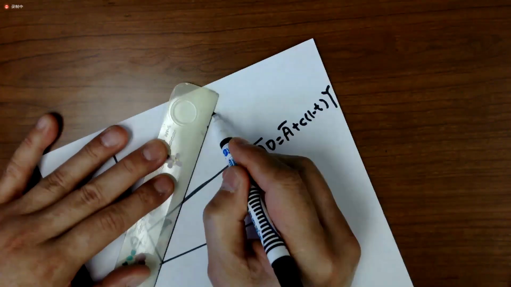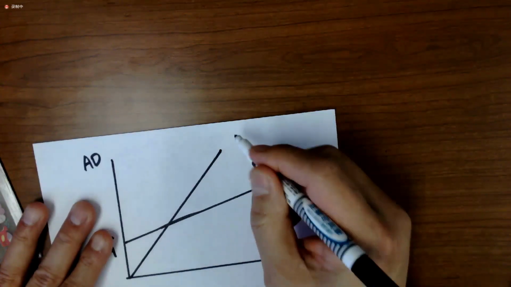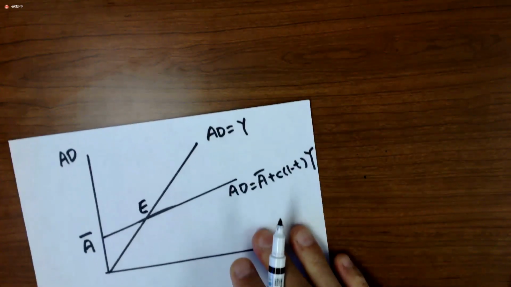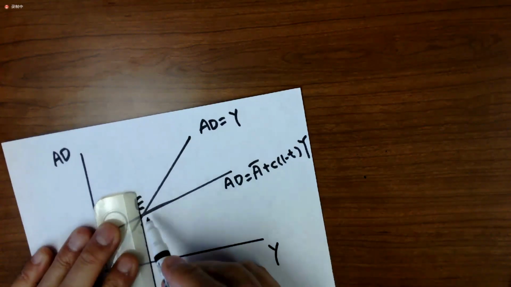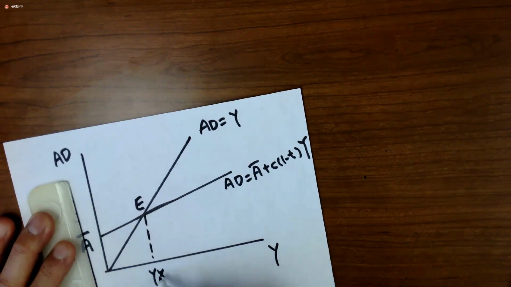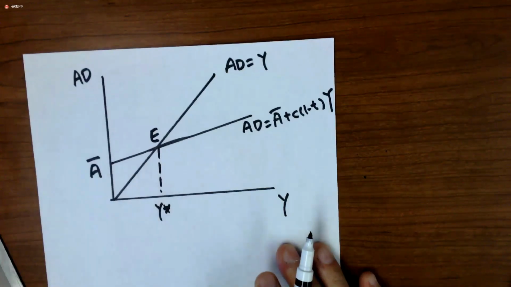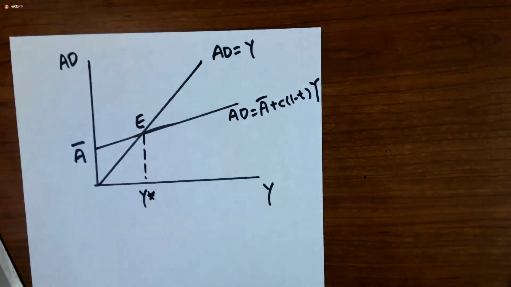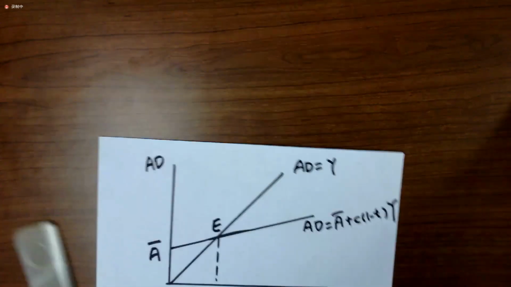And I have the 45-degree line, AD equal to Y. Intersection is my Y star. This is just repeating what we have already done many times by now. So this is the initial situation.